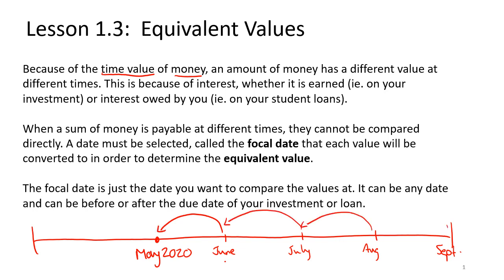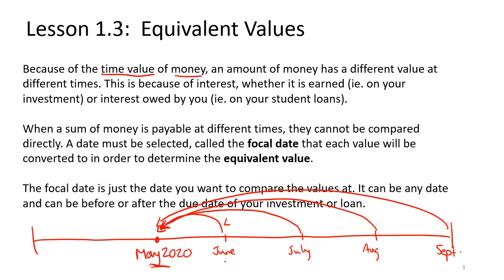Sorry, these arrows should all be going back to May. So for each of these times, June, July, August, September, that you make a payment, if you want to find how much all of that money would be worth at a certain point in time, let's call it today, May 2020, you have to discount that back or find the present value of each of those payments back to a certain point in time.